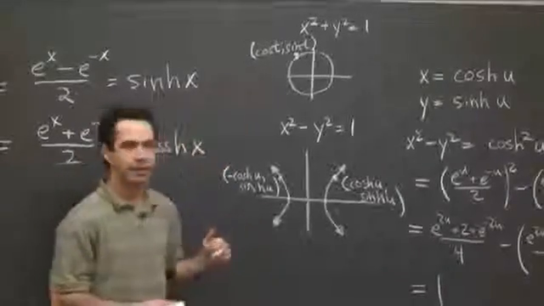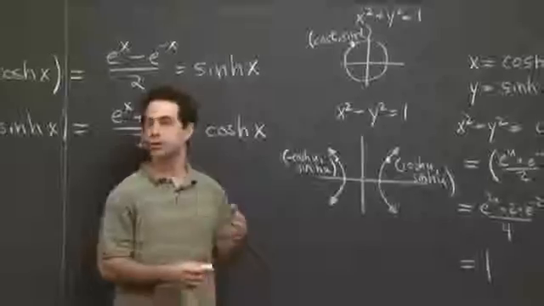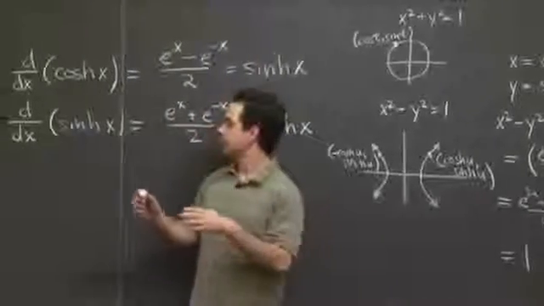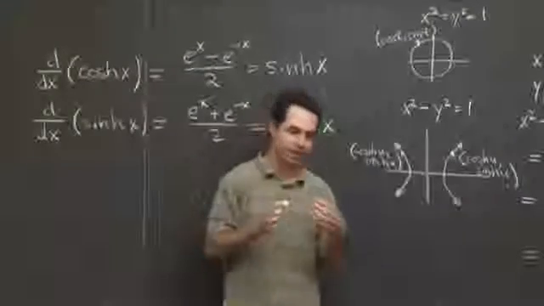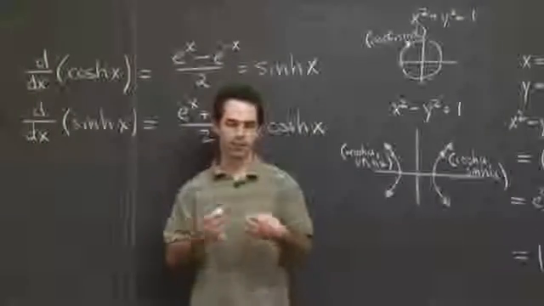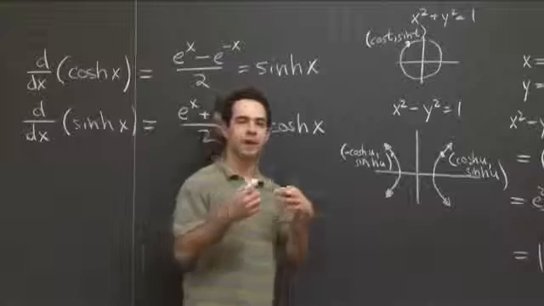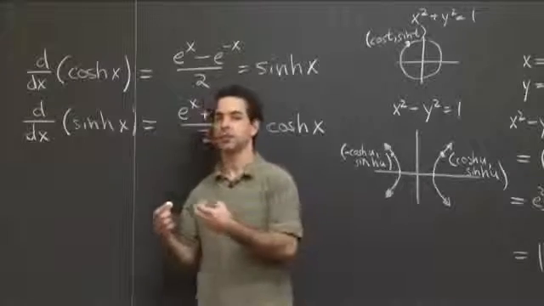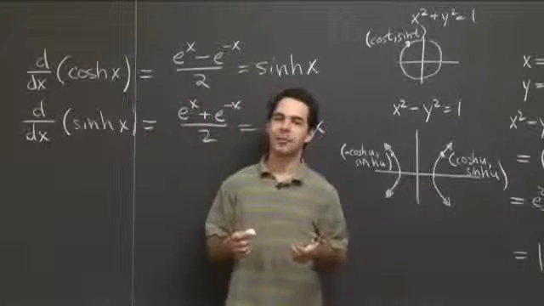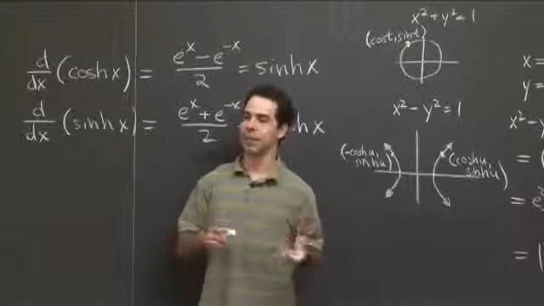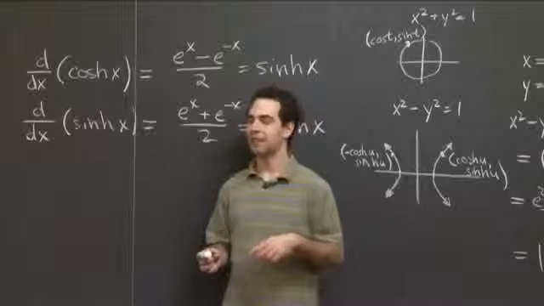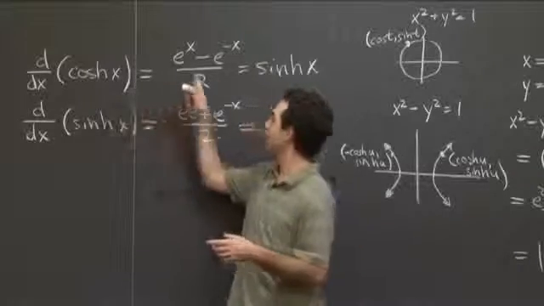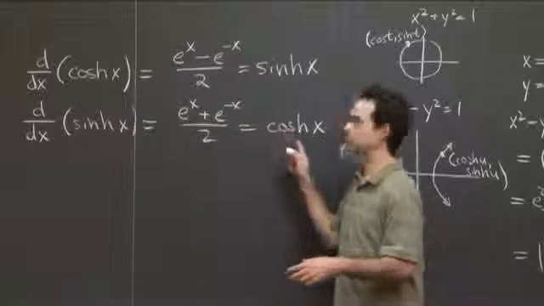Let me say one more thing about them, which is that they have this analogy with regular trig functions. Instead of satisfying cosine squared plus sine squared equals 1, they satisfy cosh squared minus sinh squared equals 1. And instead of the derivative of sine equals cosine and the derivative of cosine equals minus sine, they satisfy derivative of cosh equals sinh and derivative of sinh equals cosh.